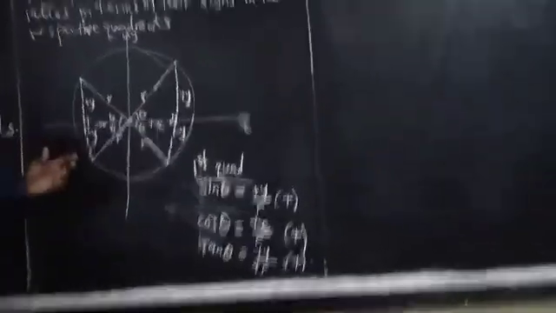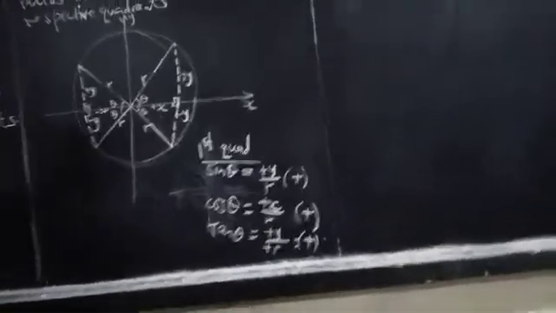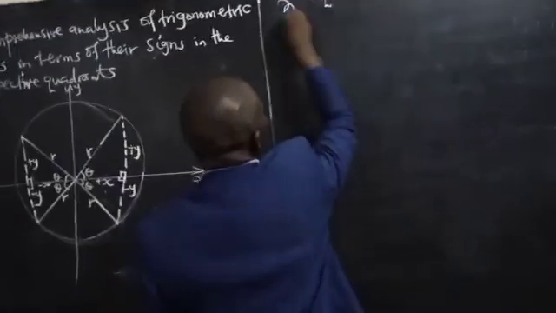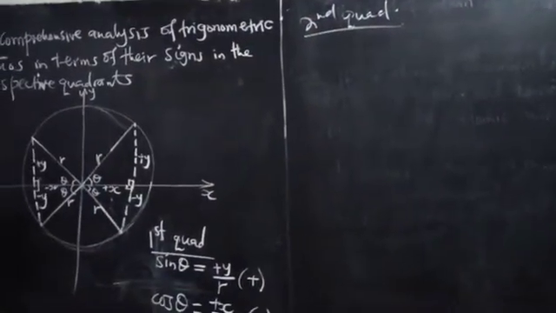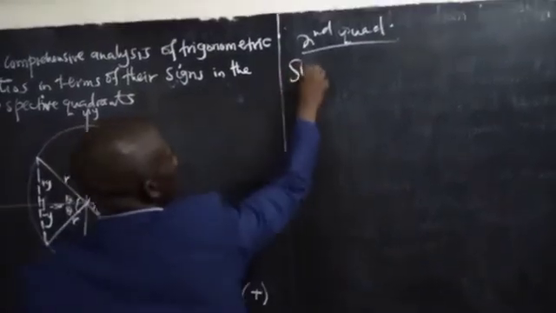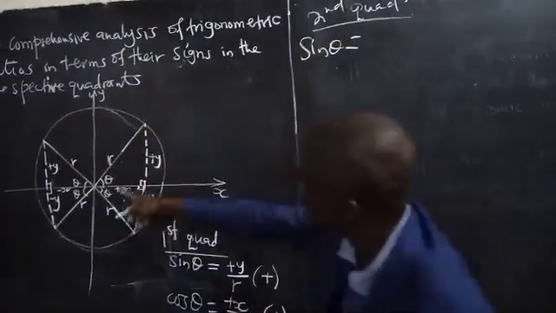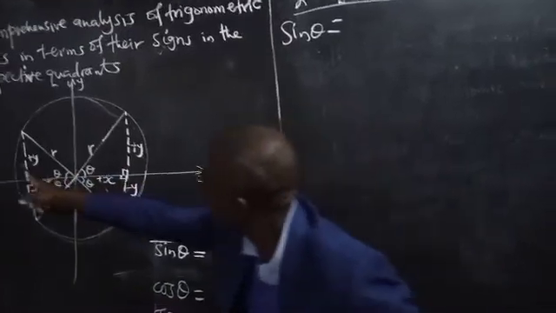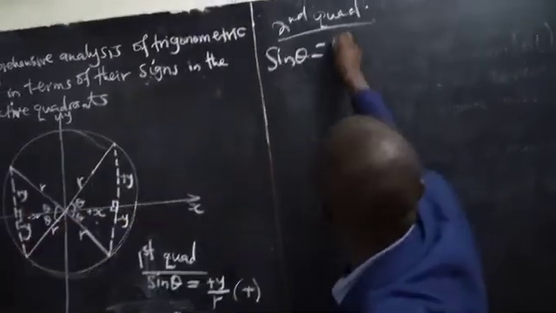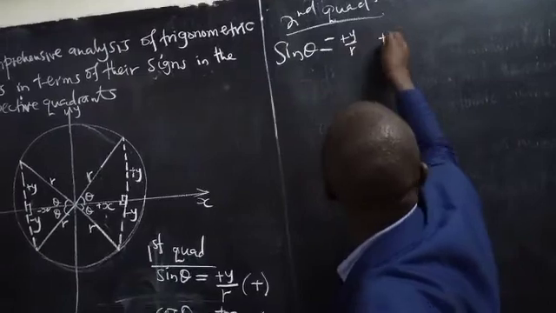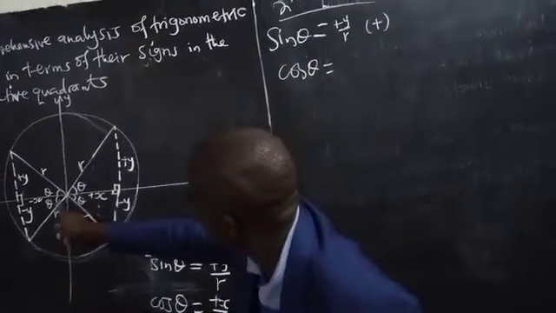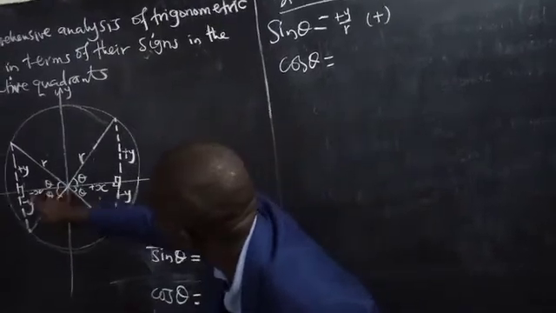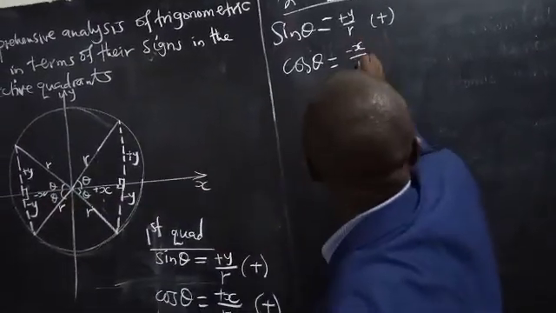Let's do the second quadrant. I would request you to do it quickly, but let's do it together. What is sine theta? Opposite over hypotenuse, plus y over r. This is positive. What is cos theta? Adjacent over hypotenuse, minus x over r.